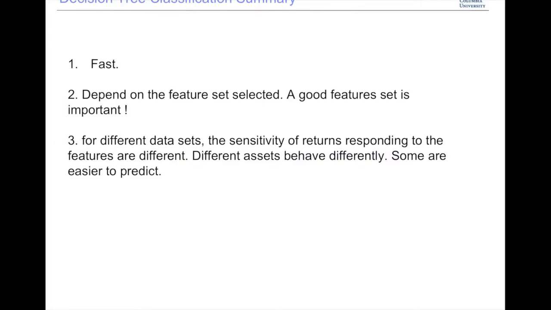We can see that the decision tree is fast, and we need better defined feature sets to get better prediction performance. A good feature set is important for both logistic regression and decision tree classification. And we also see the accuracy is different for each data, which means different types of features have different sensitivity to the feature set given their different nature.